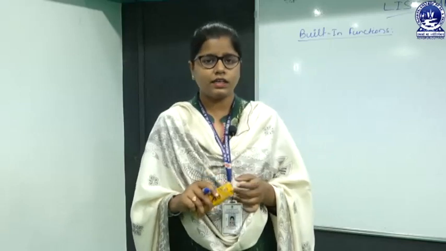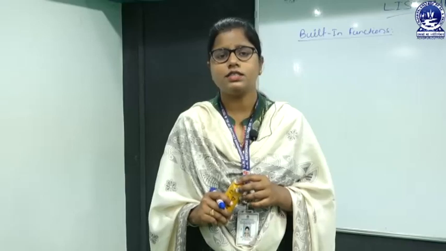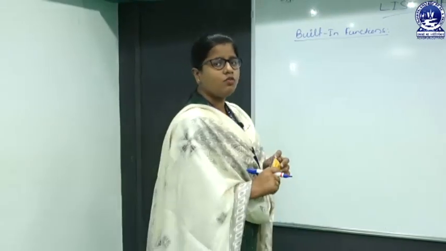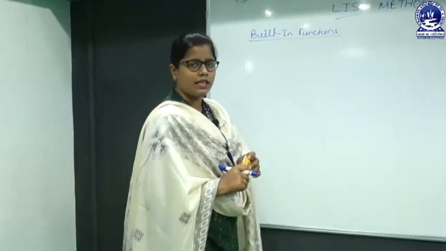If we take into consideration the built-in functions, we have two types of functions. First, we will discuss the functions which will return some value but do not change the list. So let us see what are the built-in functions in that category.